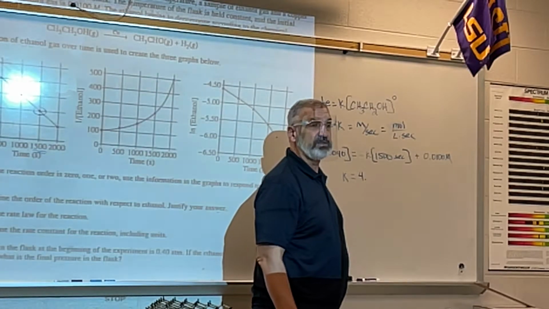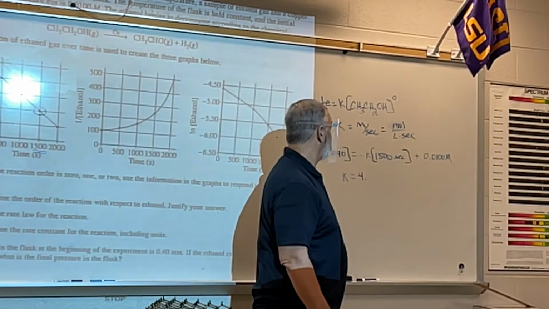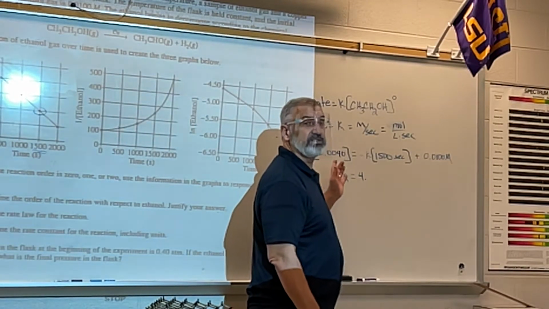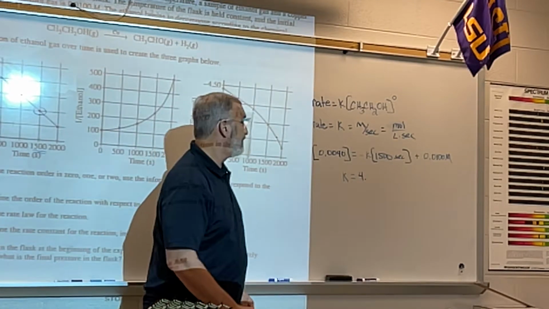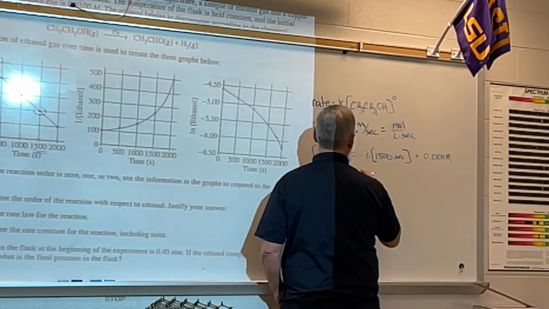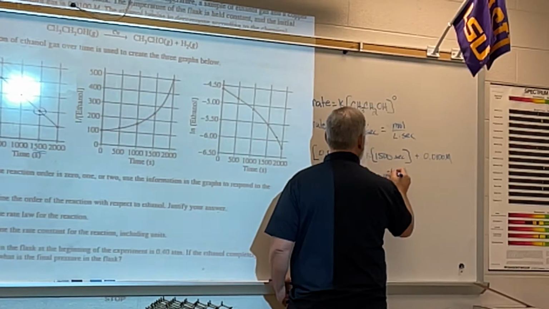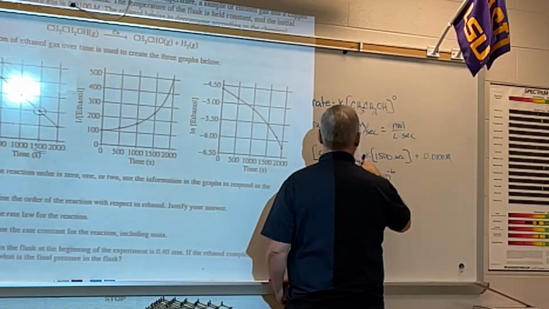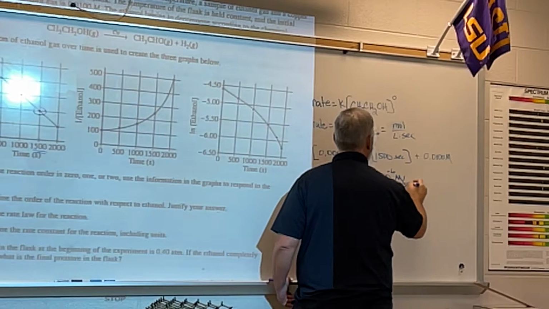Anybody? Nobody trusts themselves on a calculator? This isn't exactly calculus. It's just 4.0 times 10 to the minus 6, and this is all molarity divided by seconds. Molarity per second.